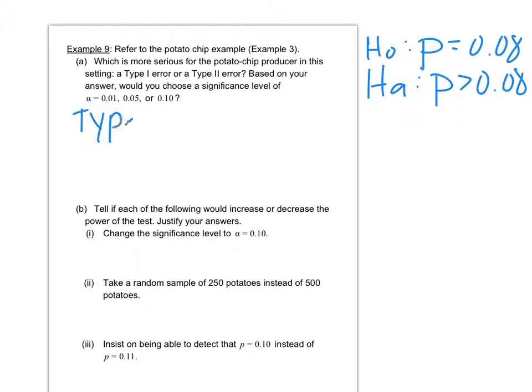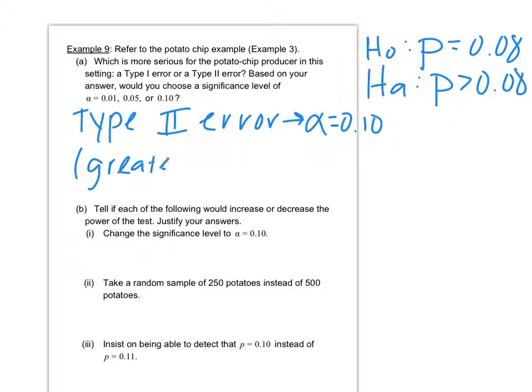We're going to say that a type 2 error is most serious because that involves us making bad chips. Because the type 2 error is the most serious, we're going to choose the largest significance level possible, because a greater significance level is the same as choosing greater power, which is specifically related to the type 2 error.